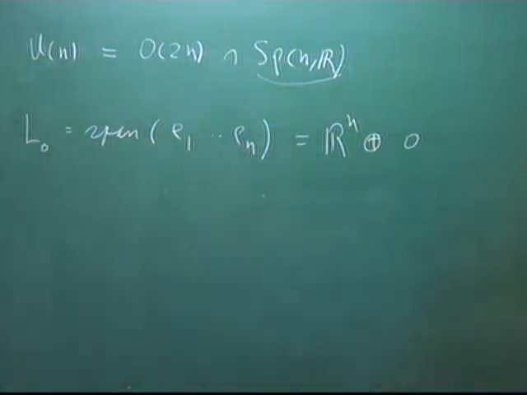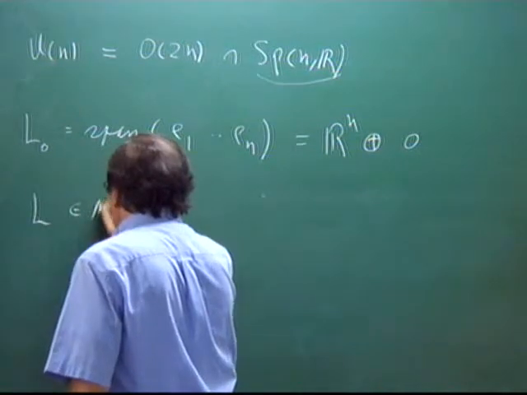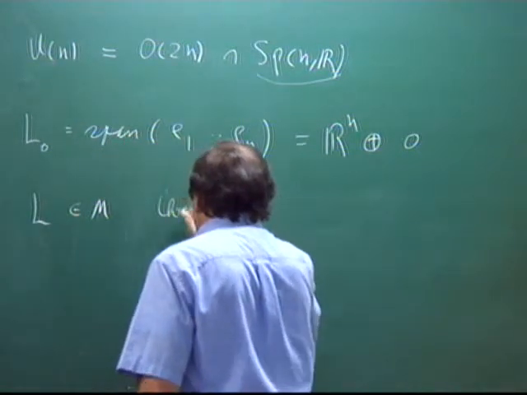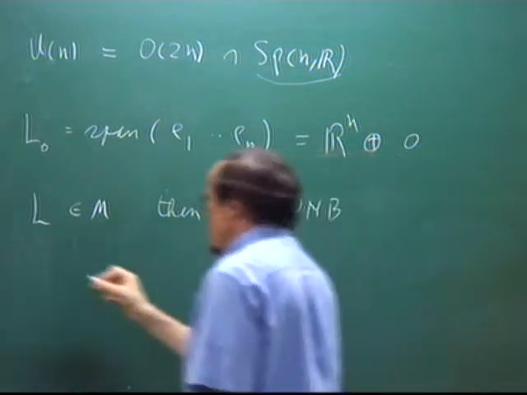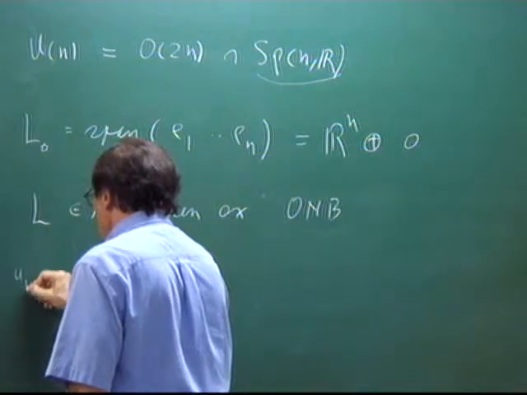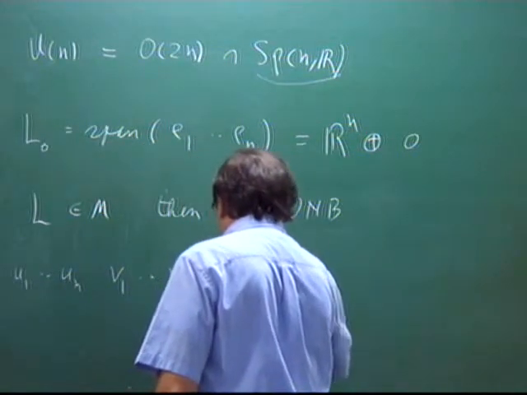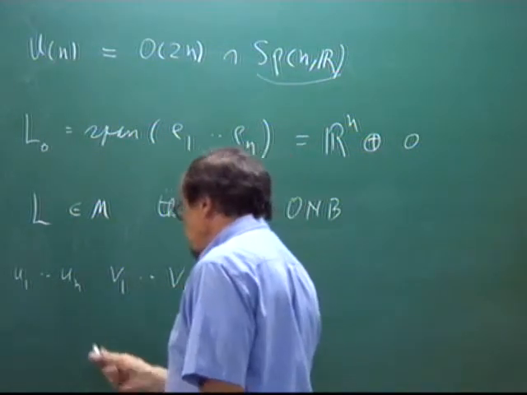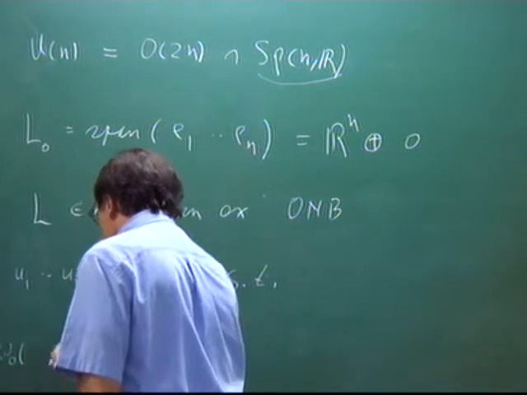That's certainly symplectic with respect to the standard symplectic form. And if L was any symplectic subspace in M, then we claim there exists an orthonormal basis, forget what we call it, u1 up to un, v1 up to vn, such that omega naught has a standard form.